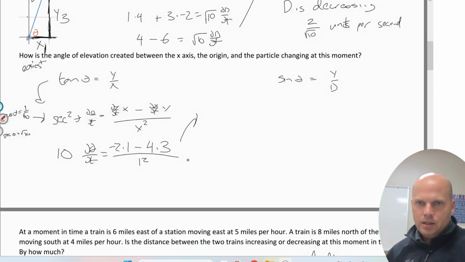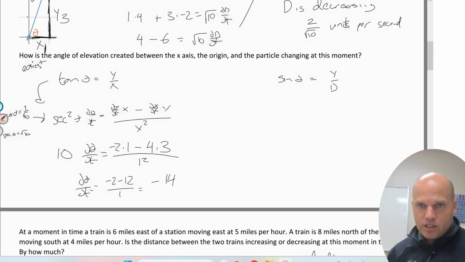I'll stay down here, and then I'll show you how you can get the same answer if you use sine. The only thing is, you would have needed to find dd dt. We get -2 minus 12 over 1, which is -14 over 10 after dividing by 10, because that's 1 squared, which is 1.